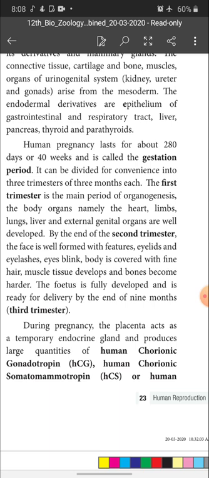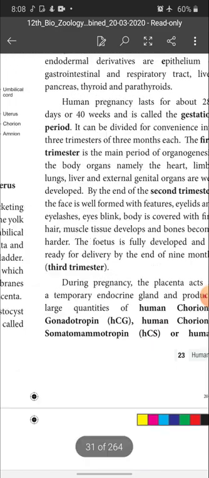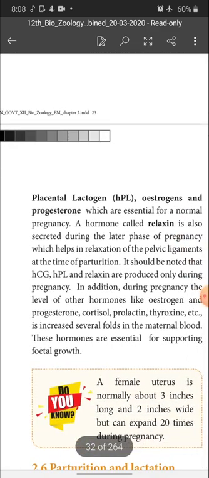During pregnancy alone the placenta is formed, and at that time alone the placenta secretes hormones. What are the hormones secreted by the placenta during pregnancy? Human chorionic gonadotrophin, human chorionic somatomammotrophin or human placental lactogen, estrogen and progesterone, which are essential for a normal pregnancy.